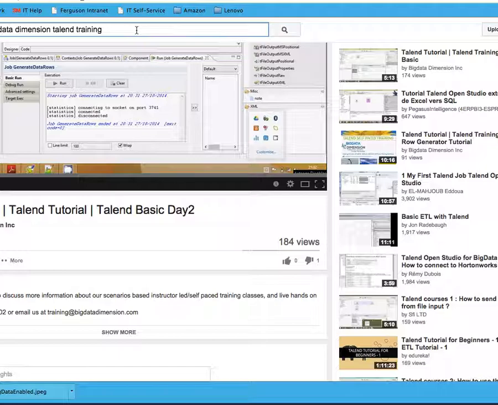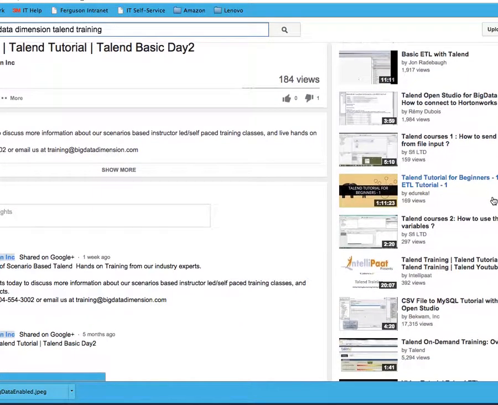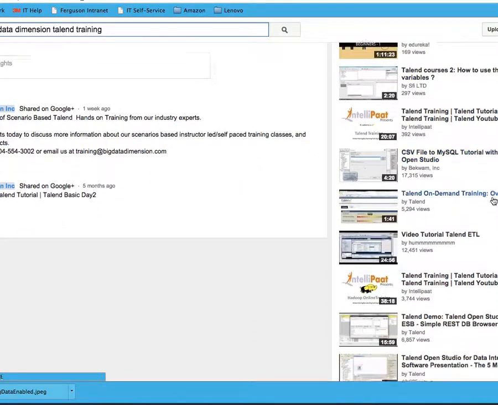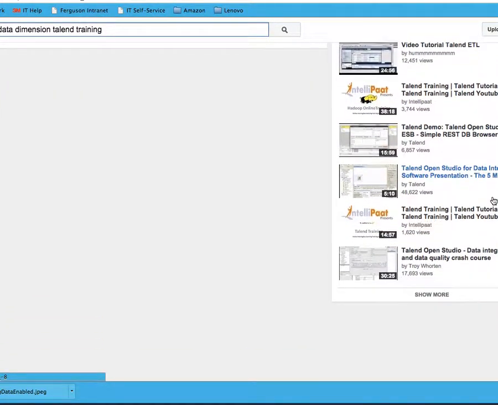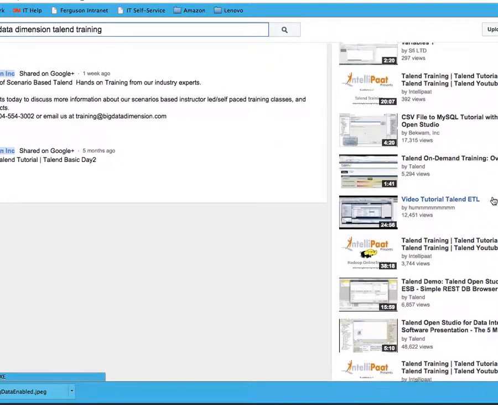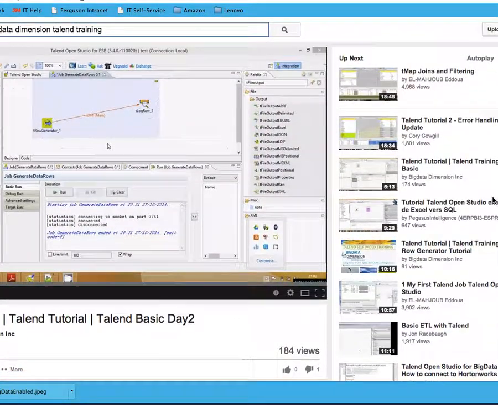We have an open studio, and we can also buy the enterprise version, which has some cost, but it's negligible compared to other tools available in the market.